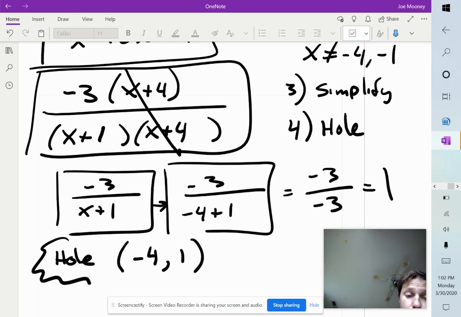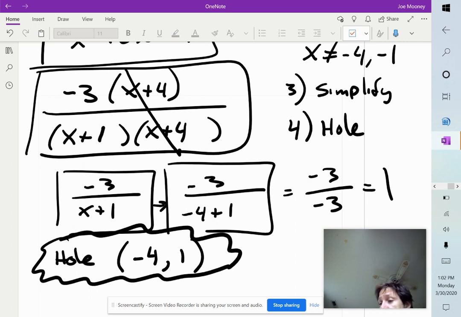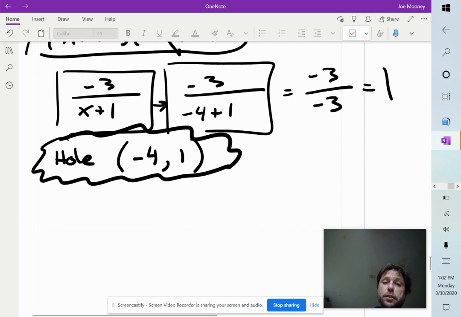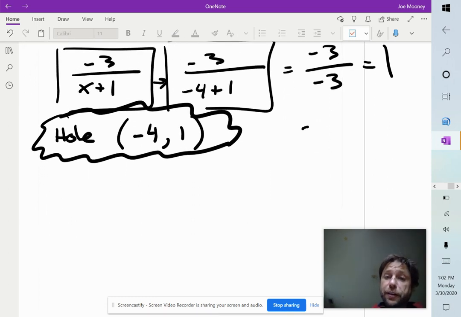So this is my hole. I'm going to need that, so let me write that down on my piece of paper. Hole is going to be negative 4, 1. You might want to write that down too, so where your hole is. We found it. We simplified. We found our hole. Now let's go and find asymptotes, vertical and horizontal. Actually, let's just do all asymptotes.